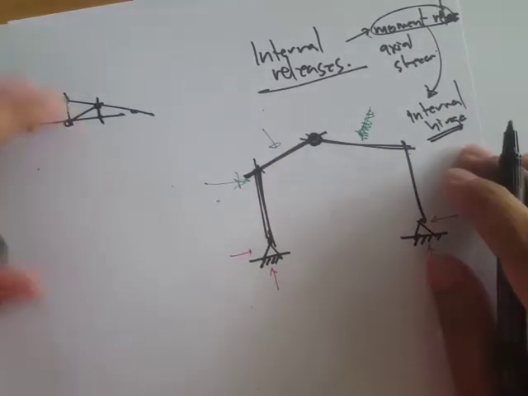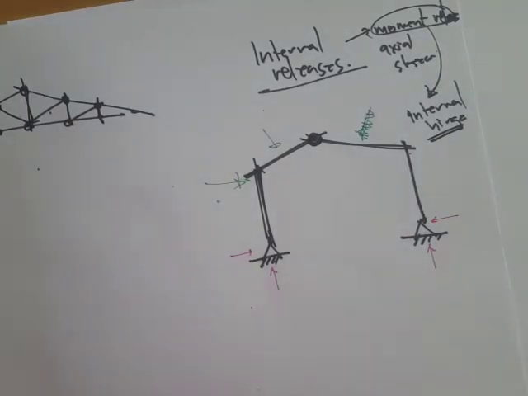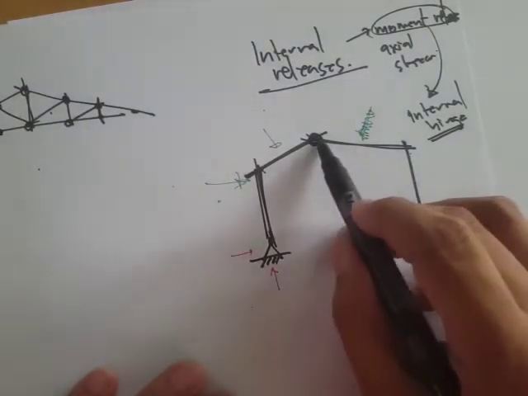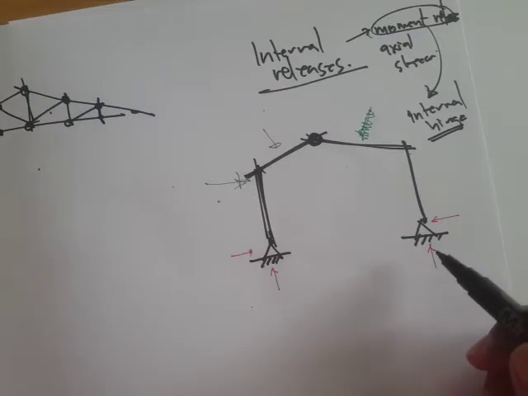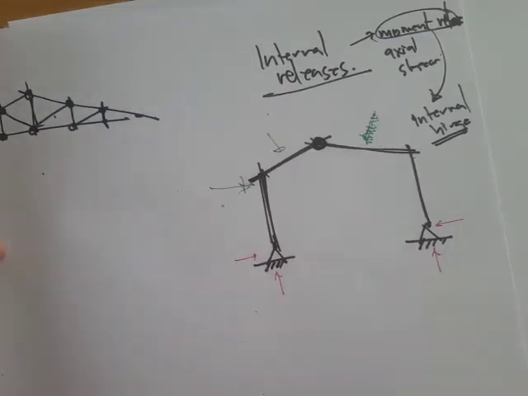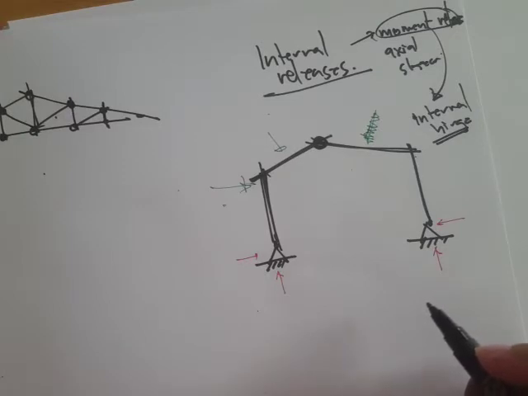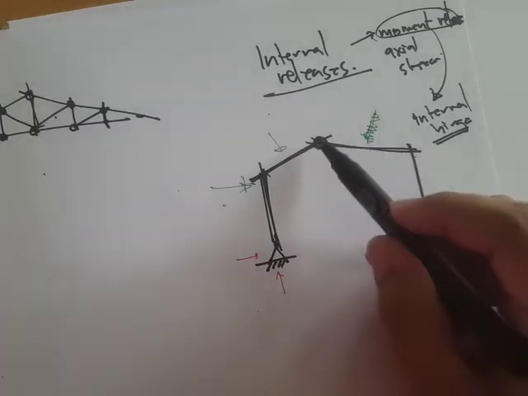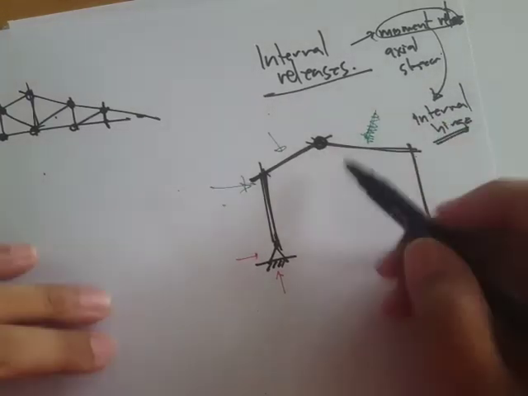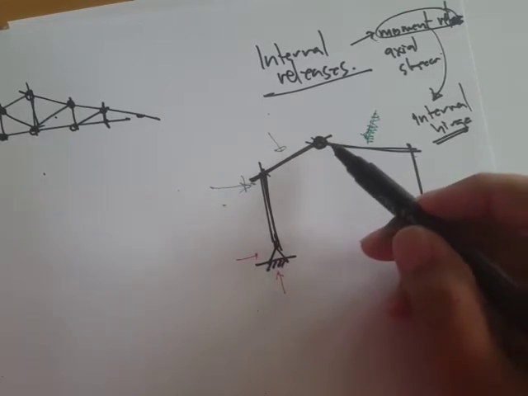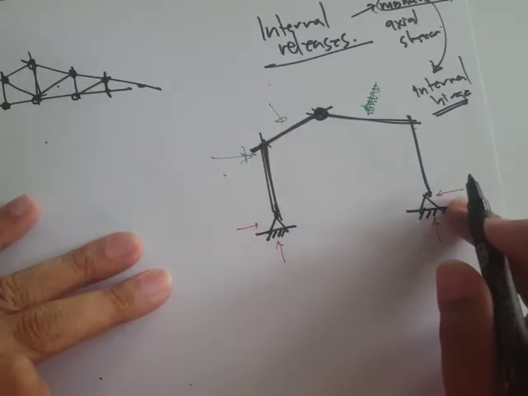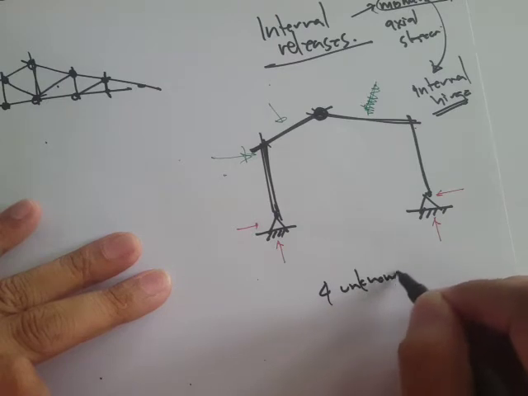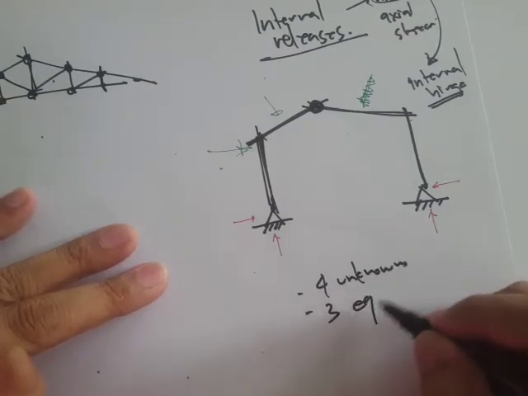Okay, so that's it. The use of internal releases actually simplifies the structure. Later on, when we discuss the topic on determinacy of structures, we'll be able to notice that adding the internal release lessens the degree of indeterminacy of the structure. For example, we have four unknowns and we only have 3 equations of equilibrium available.